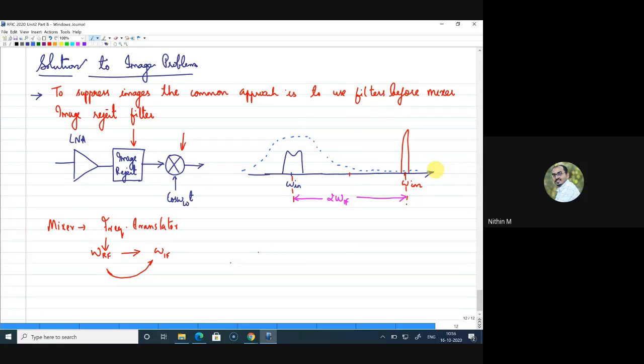If I want to relax the requirements on this filter, I can keep this 2 omega IF very high. If your omega IF is very high, we can relax the requirements on this image reject filter.